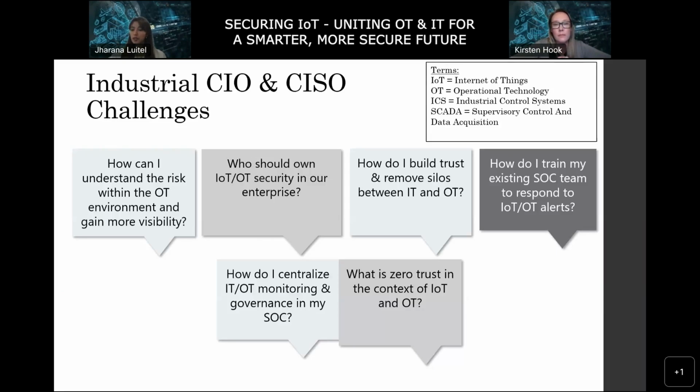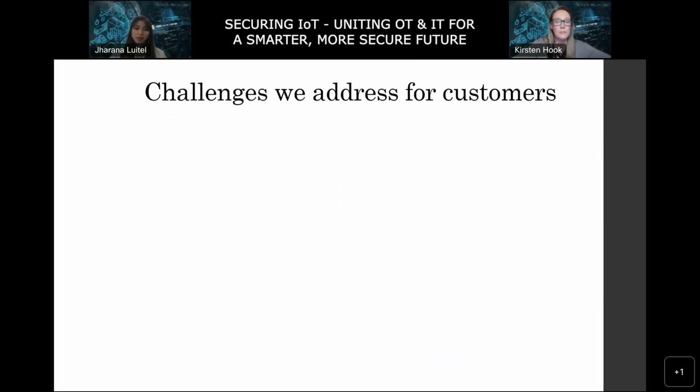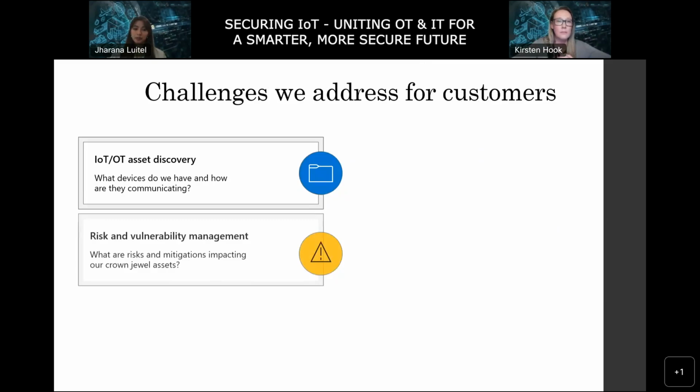How can we build trust and remove silos between IT and OT teams? What is the best way to train our existing SOC team to respond to IoT and OT alerts? How can we centralize IT and OT monitoring and governance within our SOC? What is zero trust in the context of IoT and OT? So I'll pass it on to Kirsten, and she's going to talk a bit about the challenges that we address for the customer and some solutions.